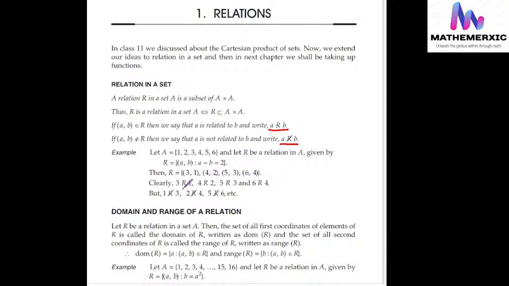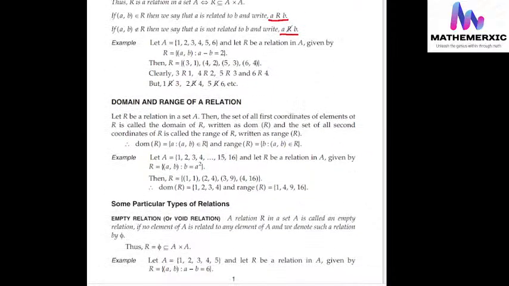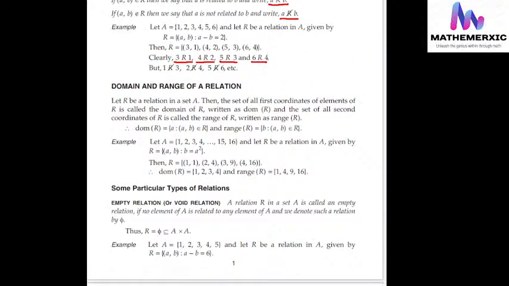Clearly 3R1, 4R2, 5R3 and 6R4, but 1R3 is not possible because a minus b would have a negative value. So 3R1, 4R2, 5R3 and 6R4 are the relations possible here.